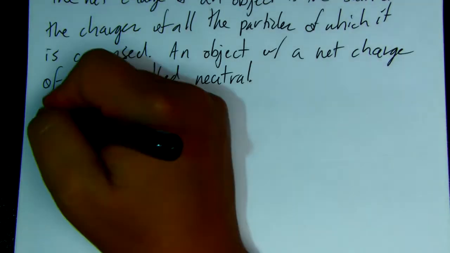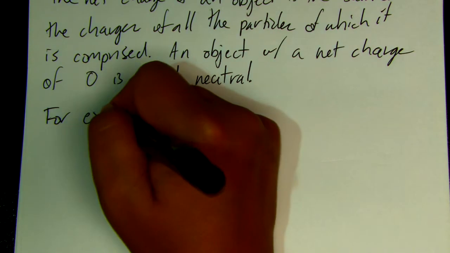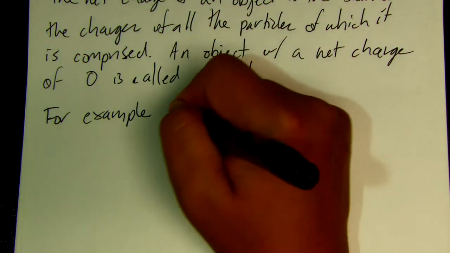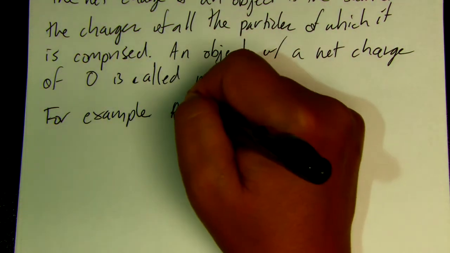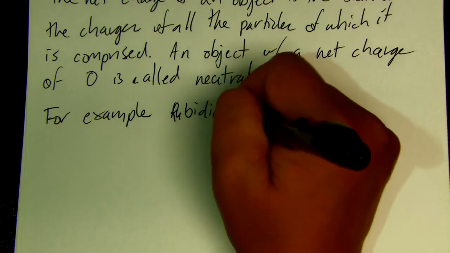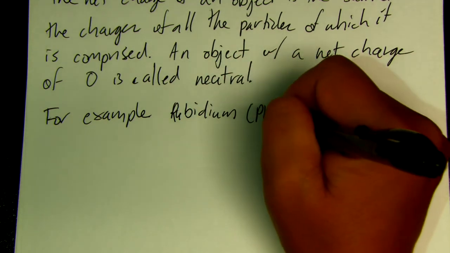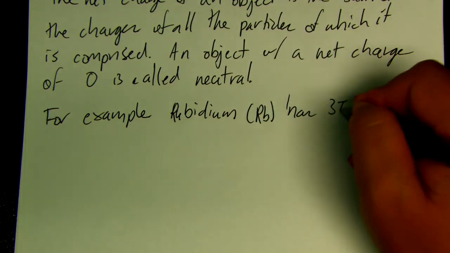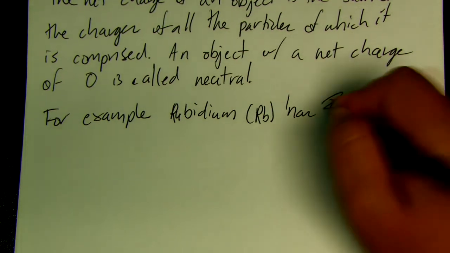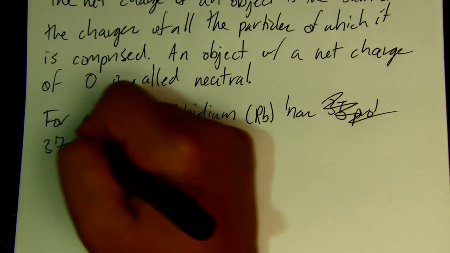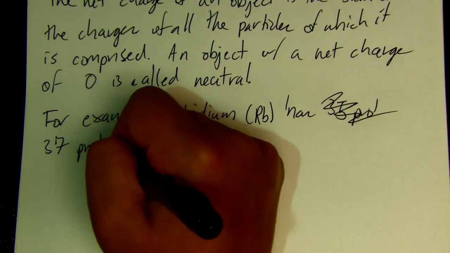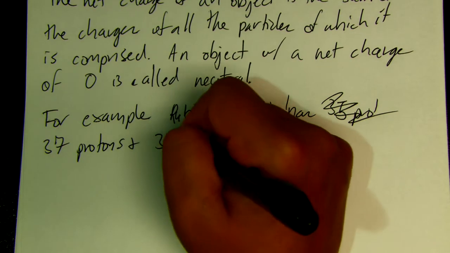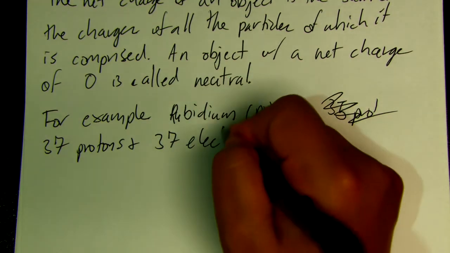So for example, rubidium has 37 protons and 37 electrons.